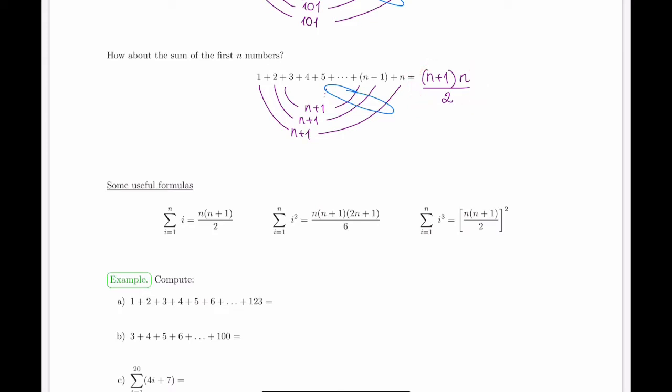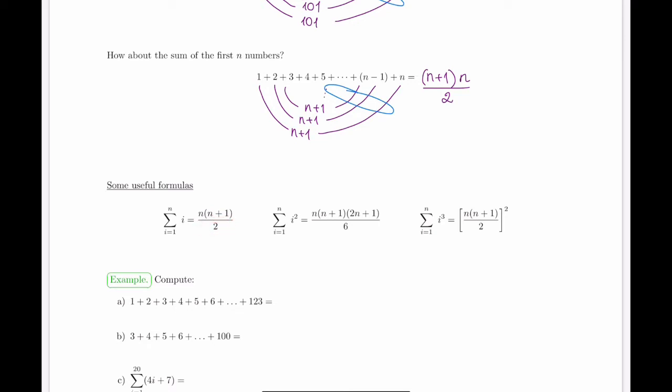So in order for us to be able to use it, I'm also going to rewrite it in the summation form so that I don't have to write out all the numbers from 1 to n. So the sum of all the numbers from 1 to n is equal to this expression, n times n plus 1 over 2. So you take the last number you're adding, supplement it with 1, multiply, and divide by 2.